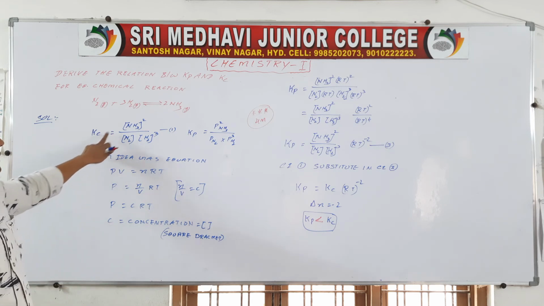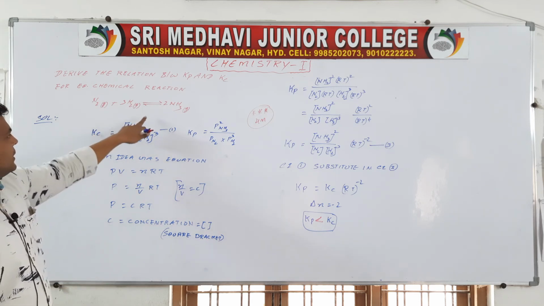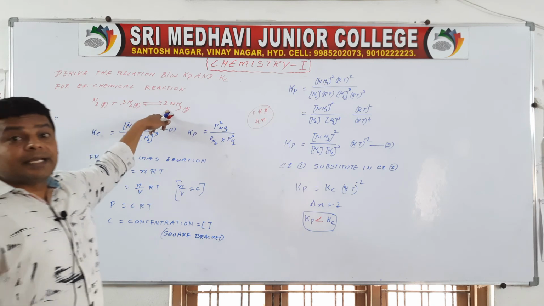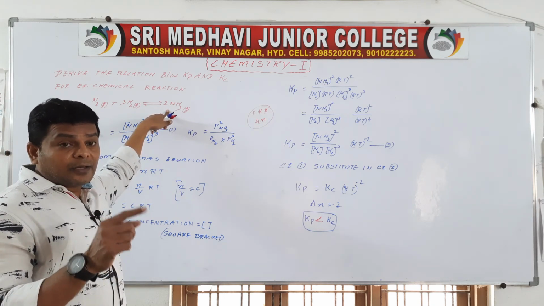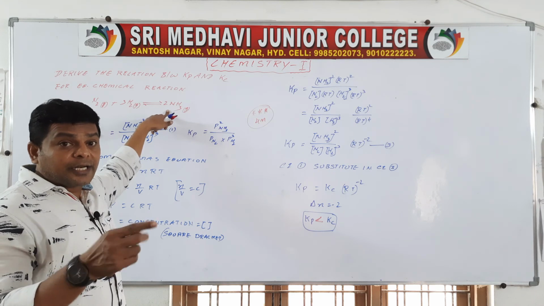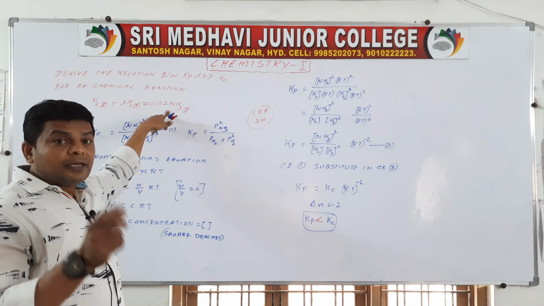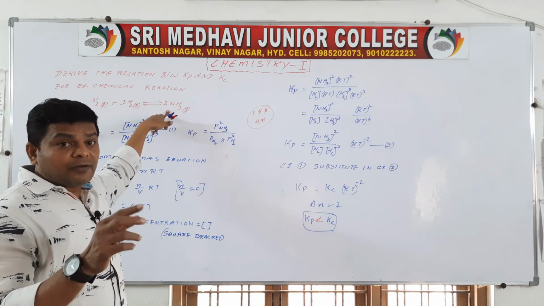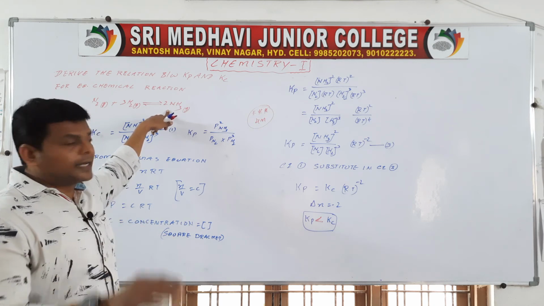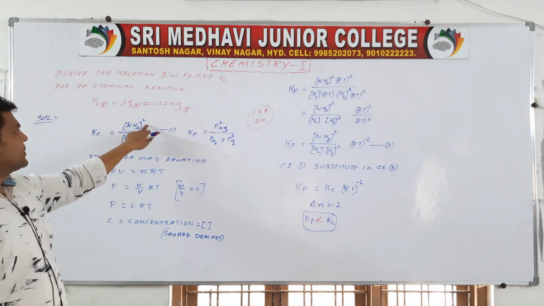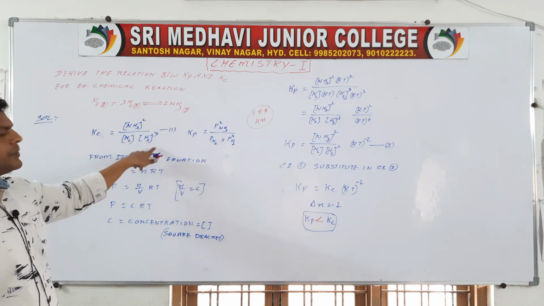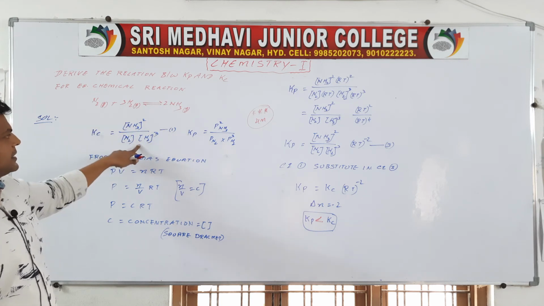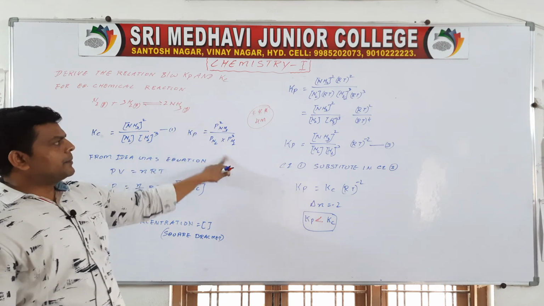So Kc equal to, what is Kc? The ratio of the product of concentration of products to the product of concentration of reactants is called Kc. In the same way Kp.